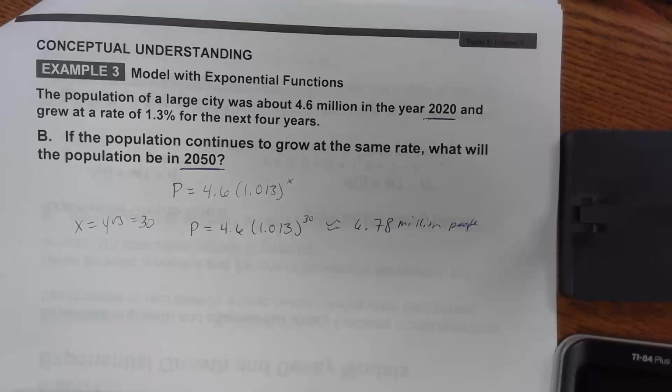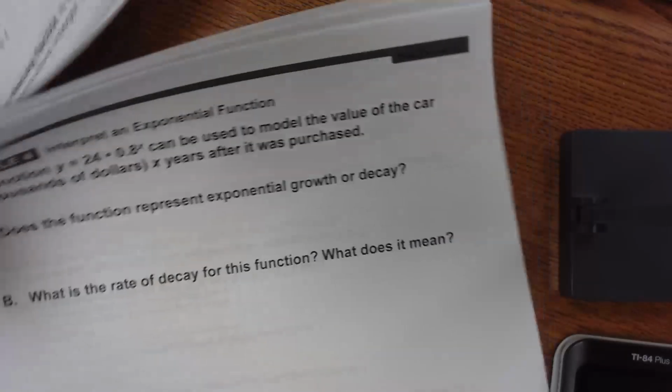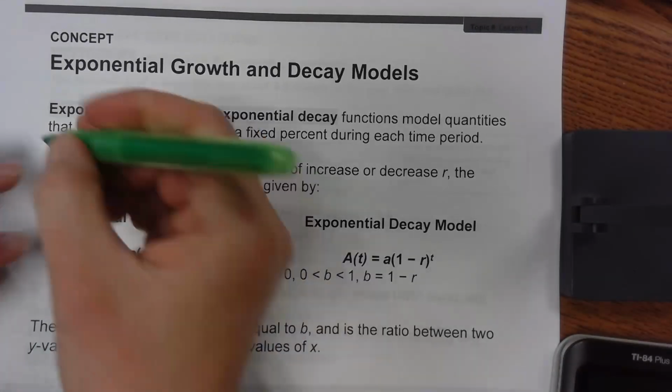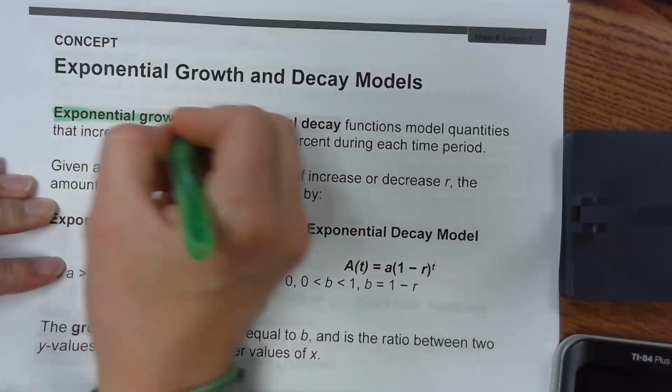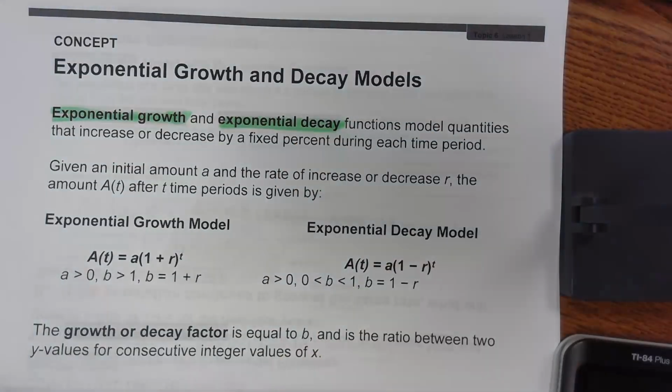Okay, so we can use it for a setup. Now I want you to talk about our other vocab words. So we have exponential growth and decay. Growth, we're getting bigger. Decay, we're getting smaller.